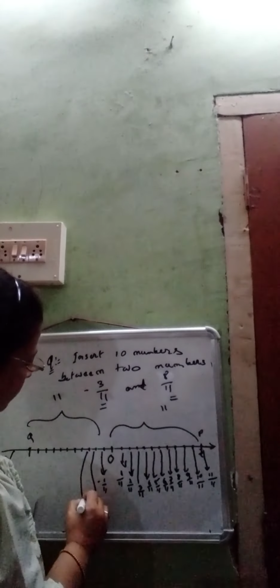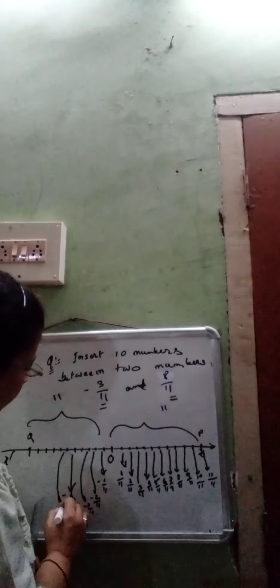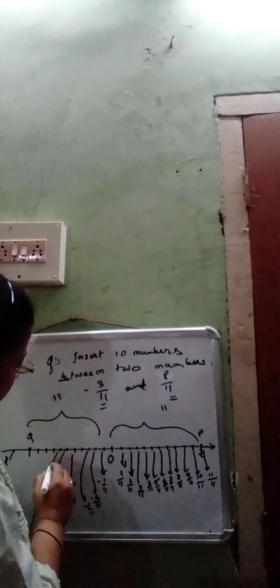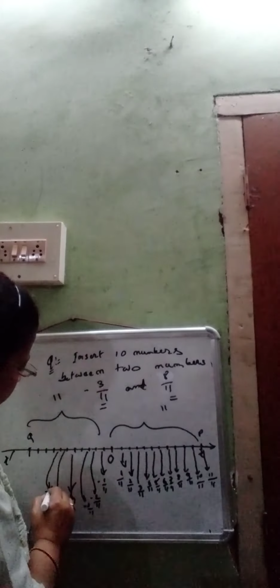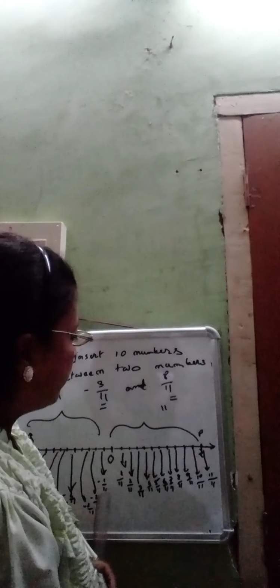This is minus 3 by 11. This is minus 4 by 11, minus 5 by 11, minus 6 by 11, minus 7 by 11, minus 8 by 11, minus 9 by 11.